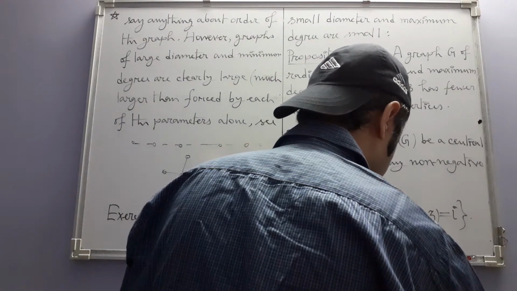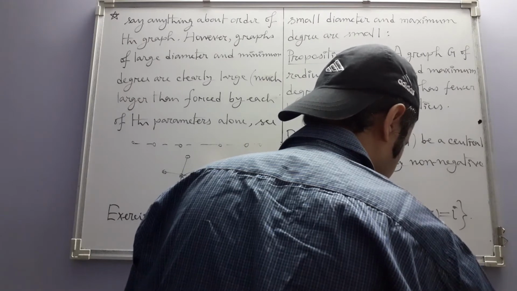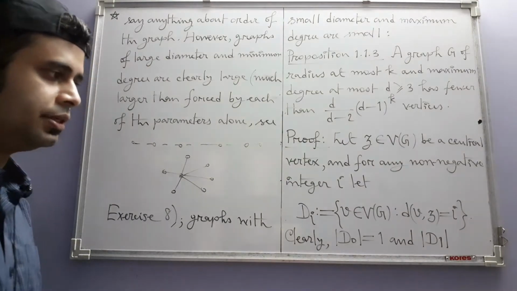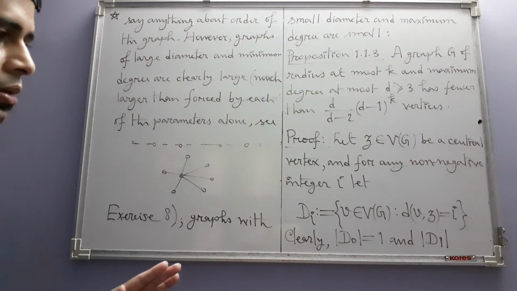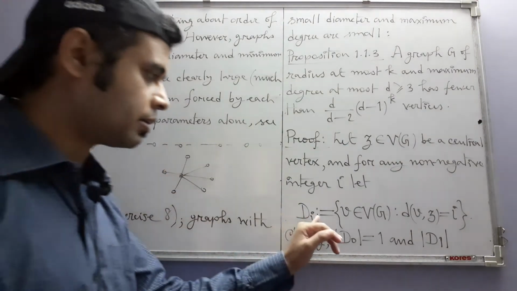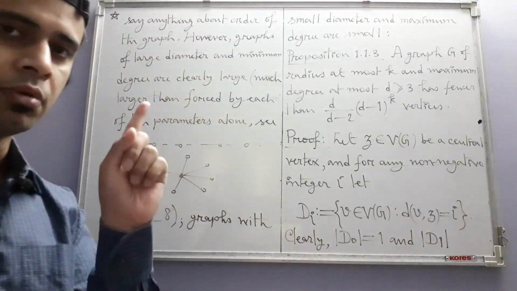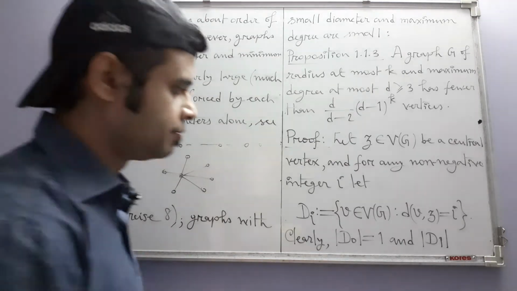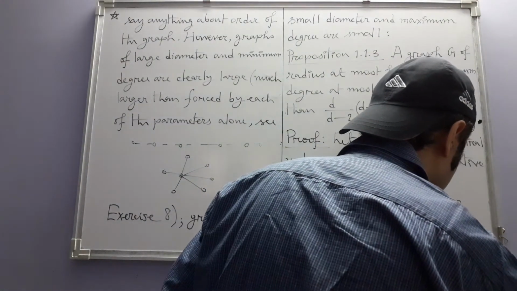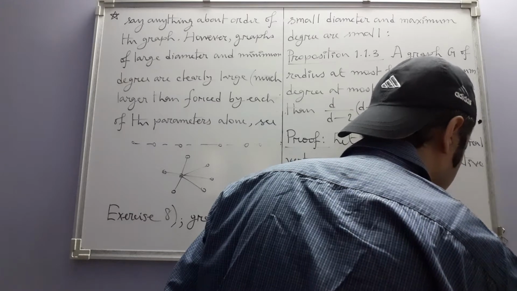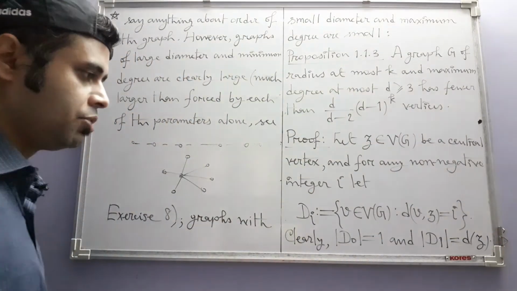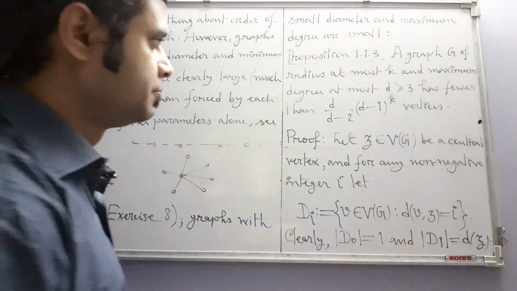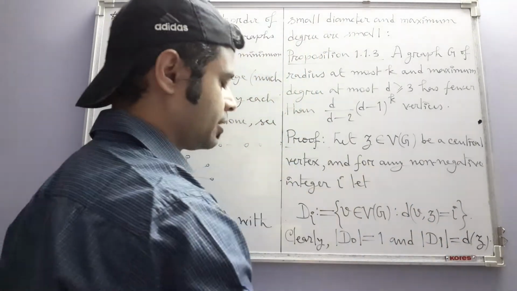And what can we say about D_1? D_1 consists of those vertices which are at distance 1 from z. That means which are neighbors of z. Precisely this is equal to the degree of z. And because the degree is less than or equal to the maximum degree, this value will be less than or equal to d.